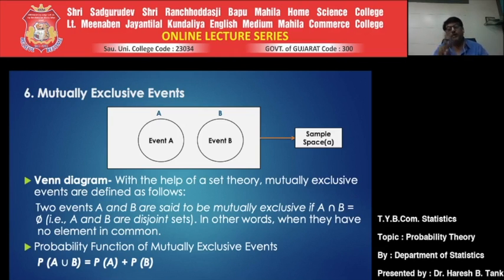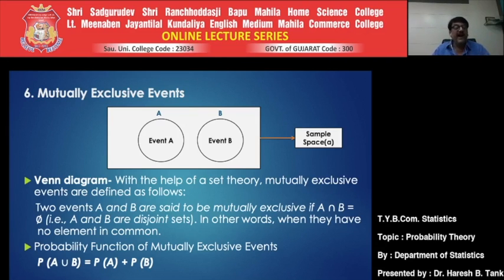So whenever two events are being connected with the word and, in set theory, whenever this intersection is used, always the connector is and. Whereas if it is a union, your connector will be or.